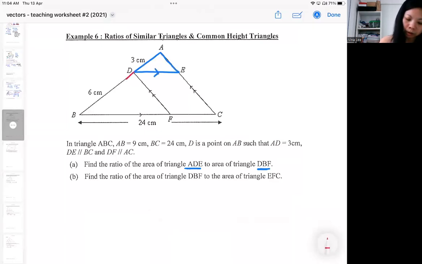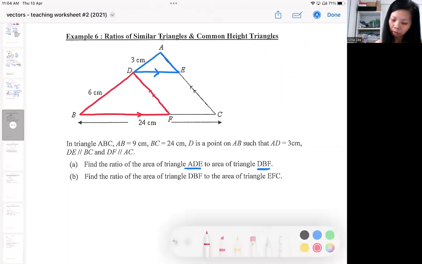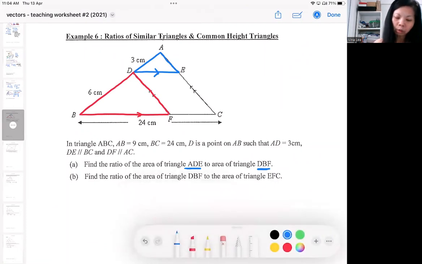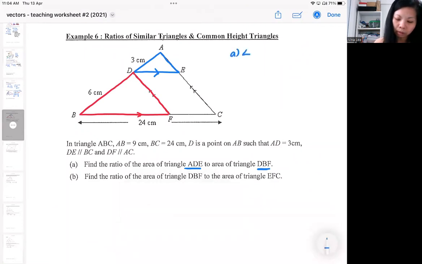It's quite obvious that these two triangles are similar because they have parallel lines. We can tell that they are similar, so you don't need to prove the similarity. You just need to be able to tell that they are similar.